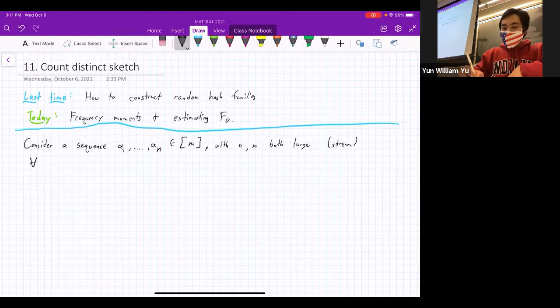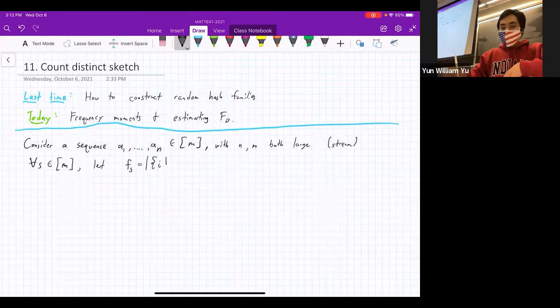And what do we care about? So for any s in [M], we're going to let f_s be the number of elements in the stream that are s. Okay, so this is going to be called the frequency of s in the stream.